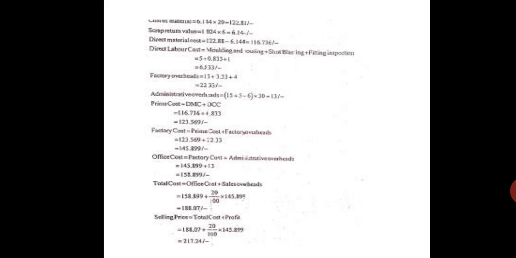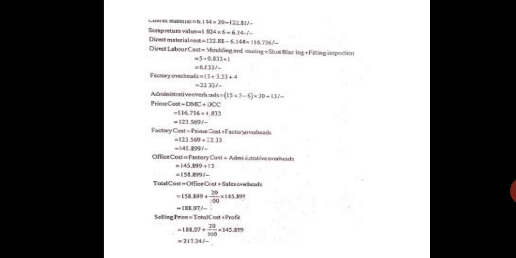Next, shot blasting, 5 minutes per piece divided by 60, that you will get in hours, into 10 rupees per hour, you will get as 0.833 rupees per piece. And finally, fettling and inspection is 6 minutes per piece. So in hours, I will divide 6 divided by 60, and per hour it is into 10.